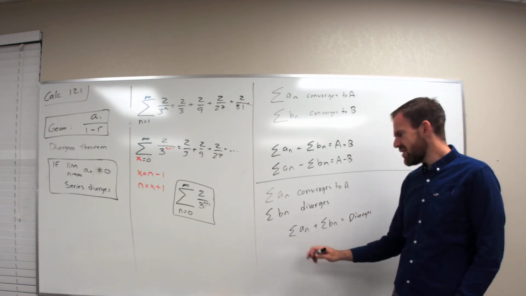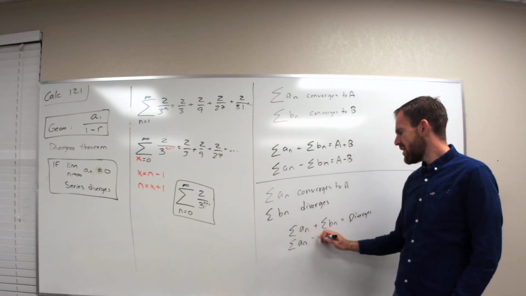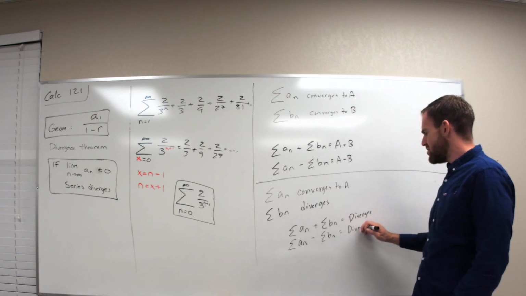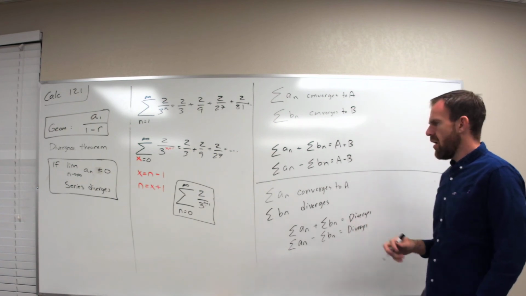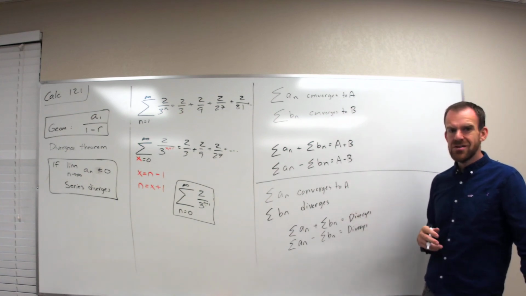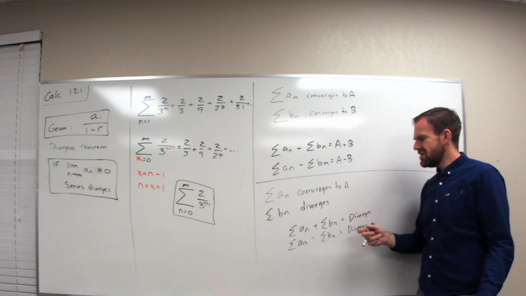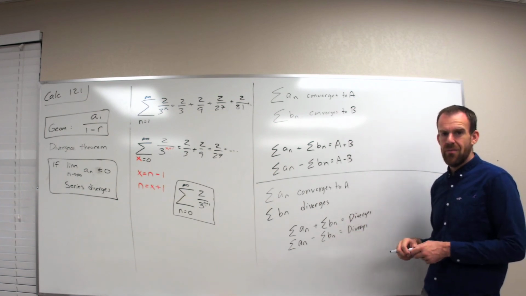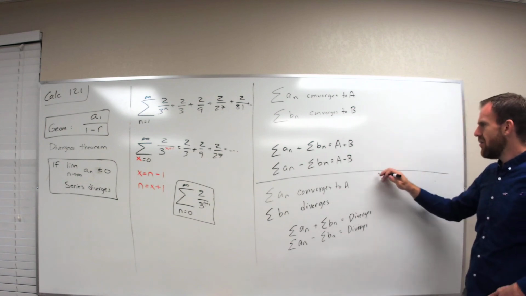Similarly, if you subtract them, you have one that converges and you have one that diverges. That also diverges. Here's where it gets a little tricky. What if they both diverge? Then the sum definitely diverges. The difference, you really don't know. You can't guarantee that it's 0.